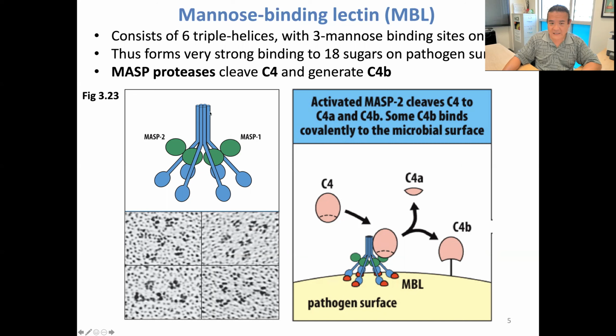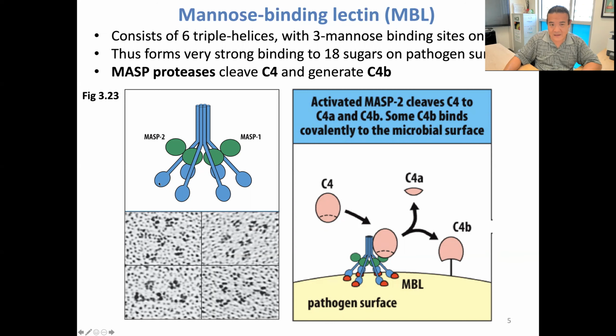MBL, or Mannose-binding lectin, is a soluble protein, so it's not like a membrane receptor, like those examples we looked at before. It consists of 6 triple helices. So in this structure here, these blue things represent 6 separate polypeptide strands, because these are proteins. The part that's a stalk and the branch that comes down is alpha helical in structure. At the end, there's a globular part of the protein, more of a blob.